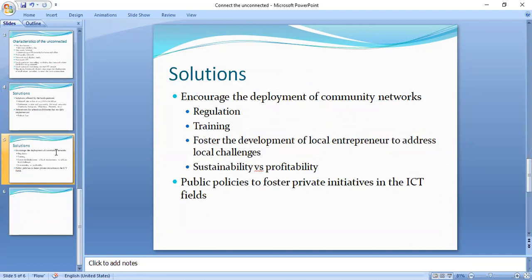Because right now, to have a license to provide internet service in Haiti is very complicated, because the regulation, the framework, the laws that we are working on right now date from 1977, when it was only voice and radio communication, radio broadcasting, radio television.